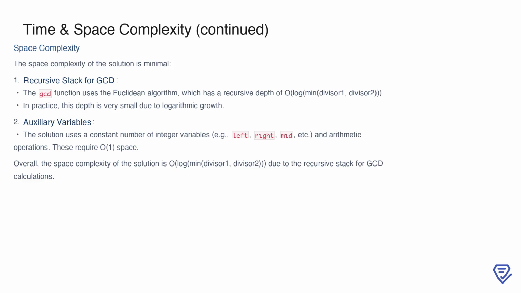Apart from this, the solution uses a constant number of auxiliary variables such as left, right, mid, and a few others for arithmetic operations, all of which require only constant space. As a result, the overall space complexity of the solution is log min divisor 1 divisor 2 due to the GCD recursion, which is efficient and minimal.